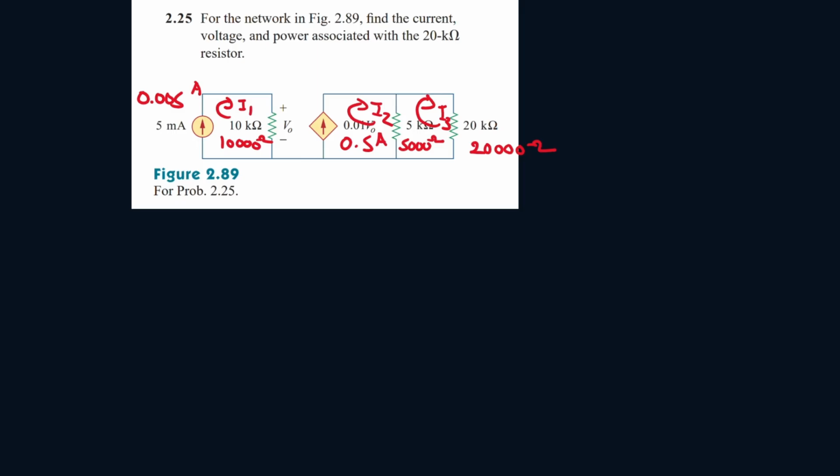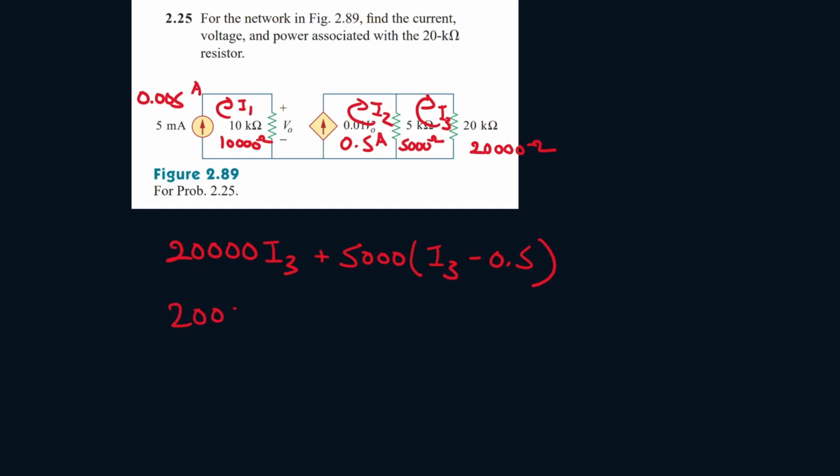Okay, so it hits the 20,000 ohm resistor. So it'll be 20,000 I3 plus 5,000 ohms times I3. Then there's I2 moving in the opposite direction, and we know what I2 is. It's 0.5, and since it's moving in the opposite direction, it's negative 0.5.